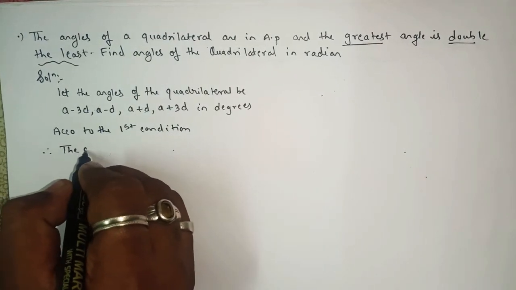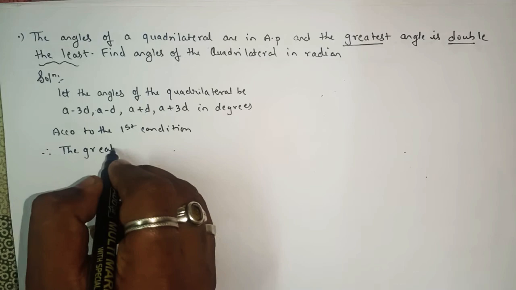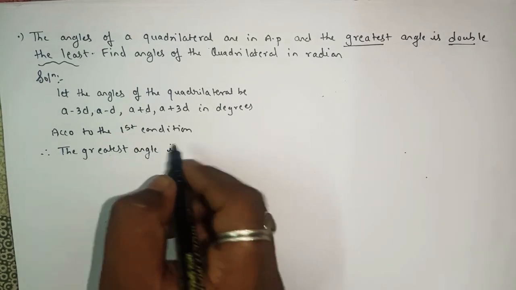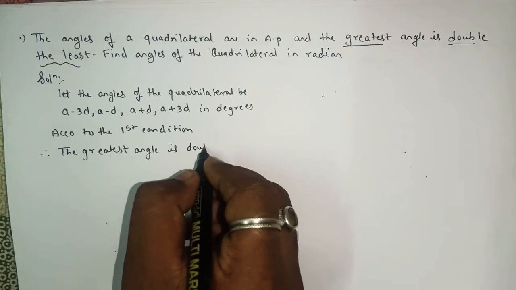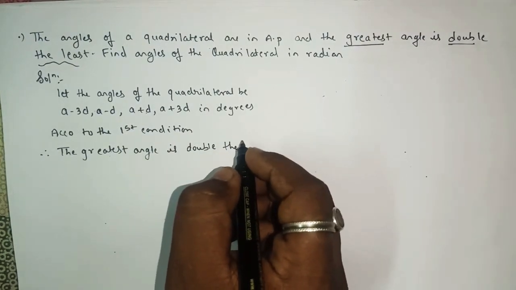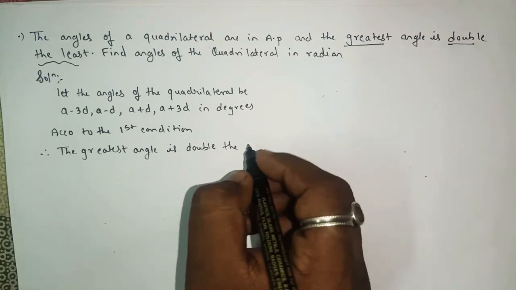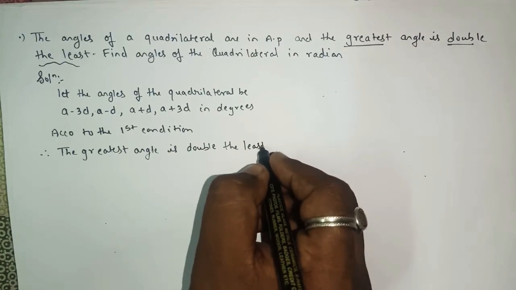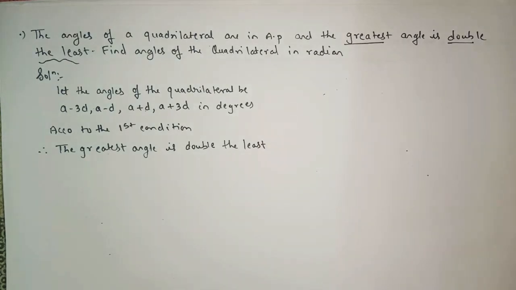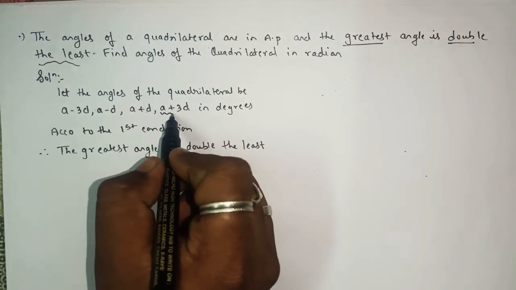the greatest angle is double the least. Least means the smaller. So here the greater angle is A plus 3D.